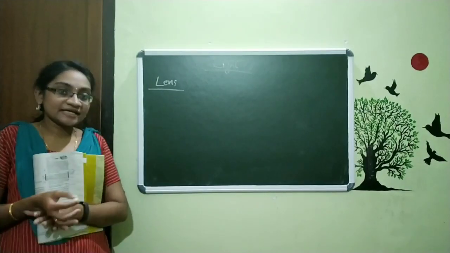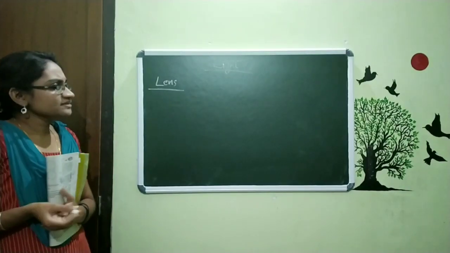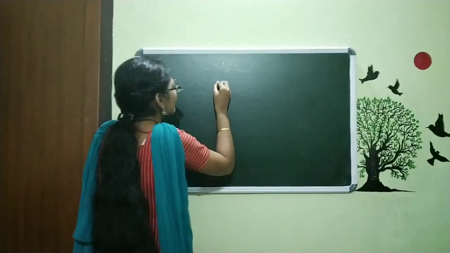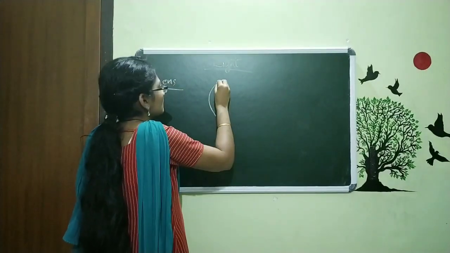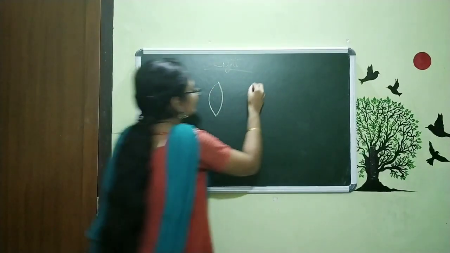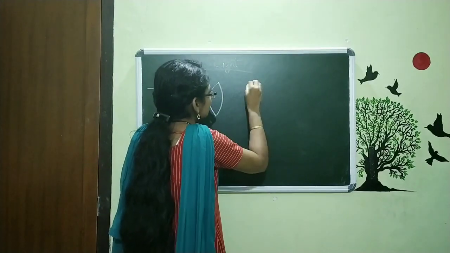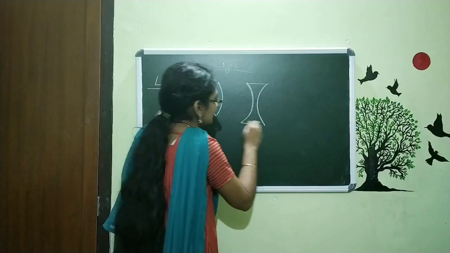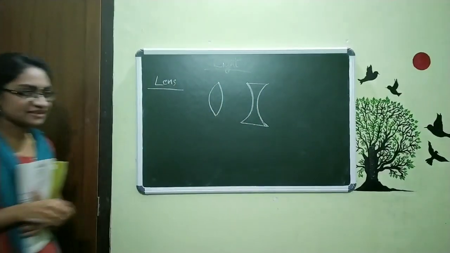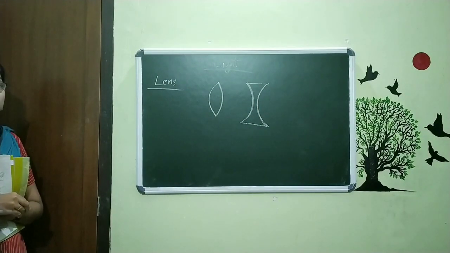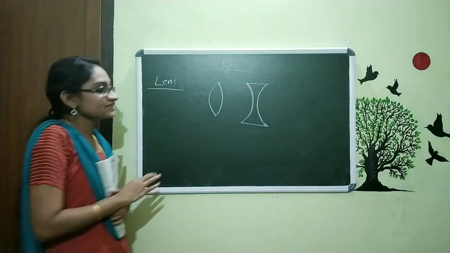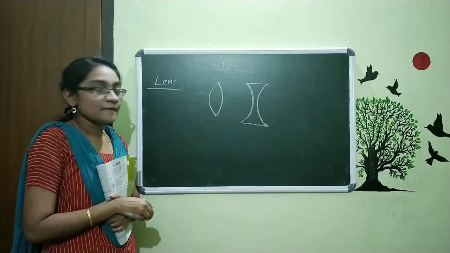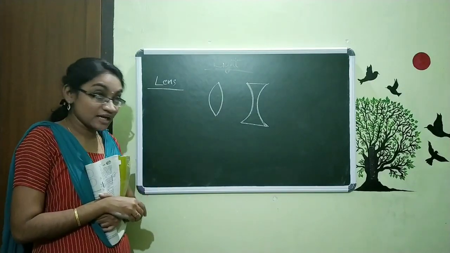There are different types of lens, and we studied one is this and the other is this. I already mentioned. And what's the name of these two? We know it is convex lens and concave lens, but actually it is having another name.